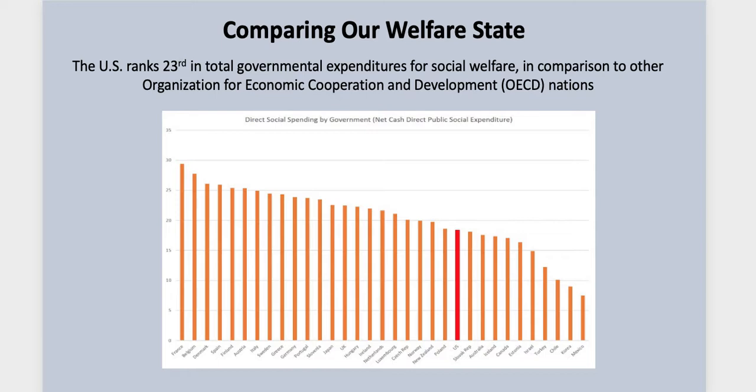It's pretty far down, and once again you see a lot of the Scandinavian nations more to the left, where there's more direct social spending by the government. So this is what you call net cash direct public social expenditure, and we don't look so good compared to the other nations in the world with this map.